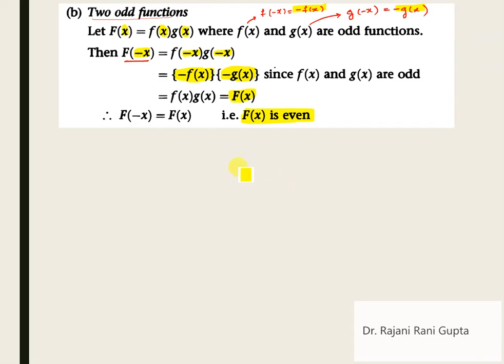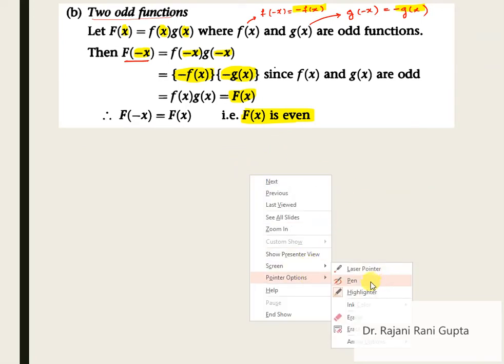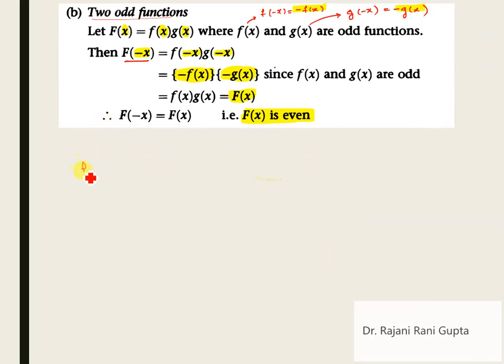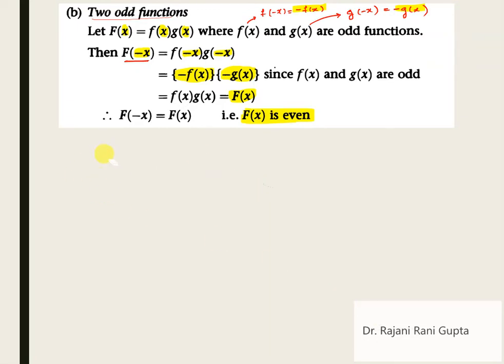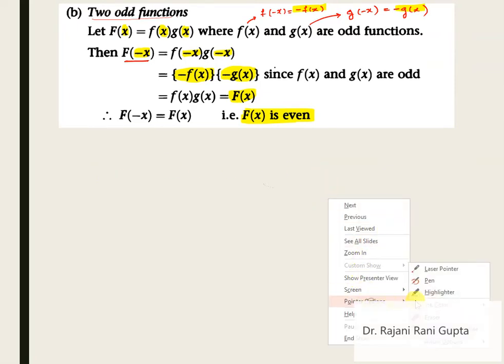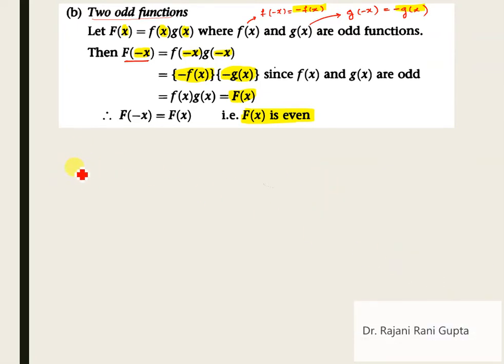What do I mean is, suppose I'll give you, say, capital F of x. Let F of x be x power 4 cosine of 2x.